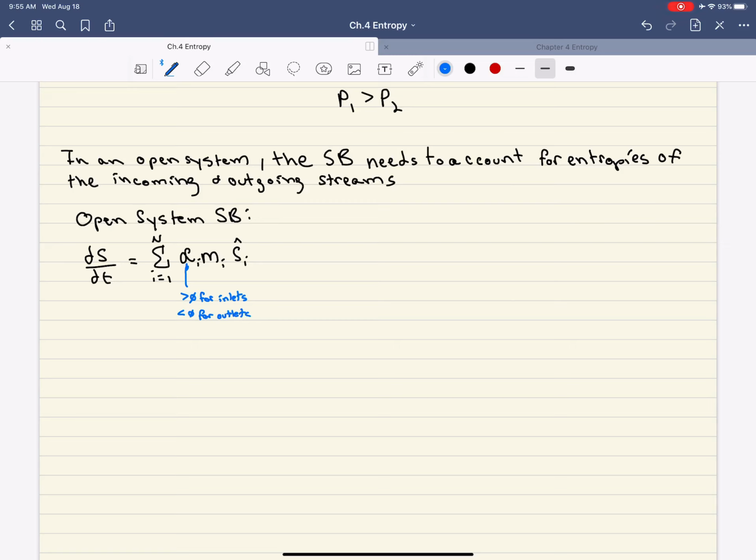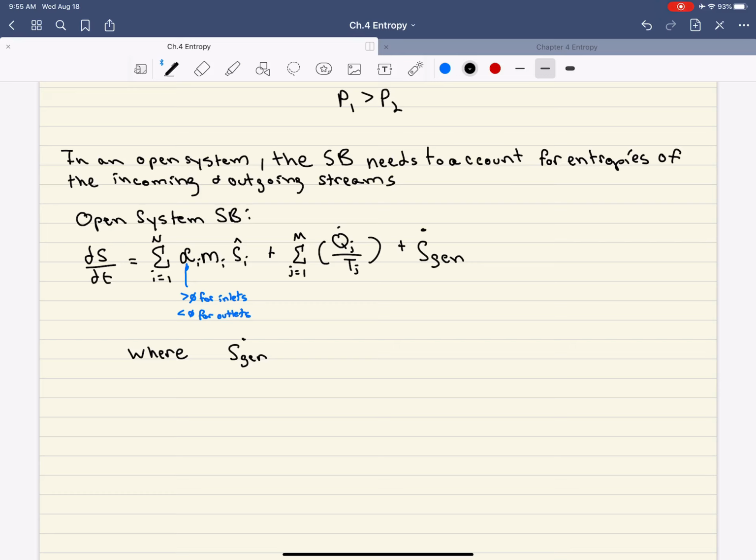Okay? So we have that, and then we add on the other parts of the entropy balance, so I'll call this summation of Q dot j over Tj, plus our Sgen.